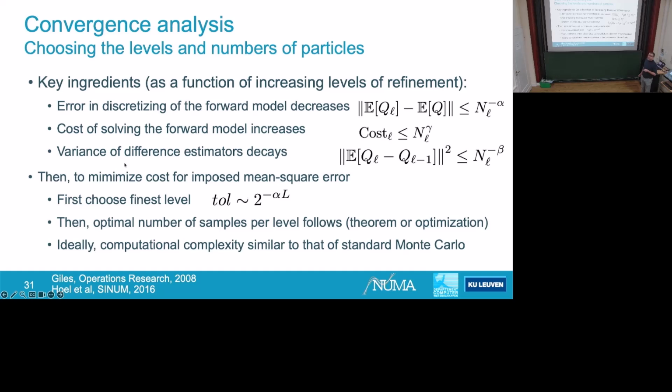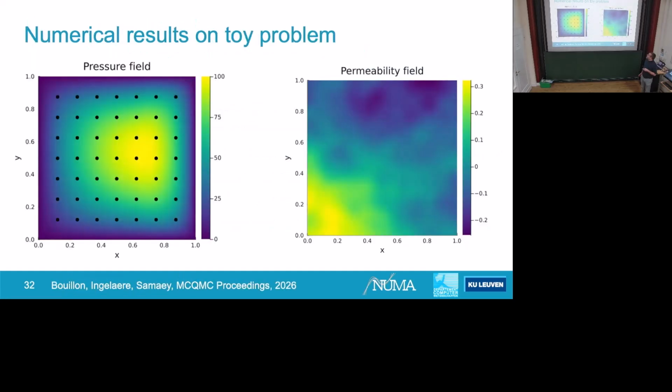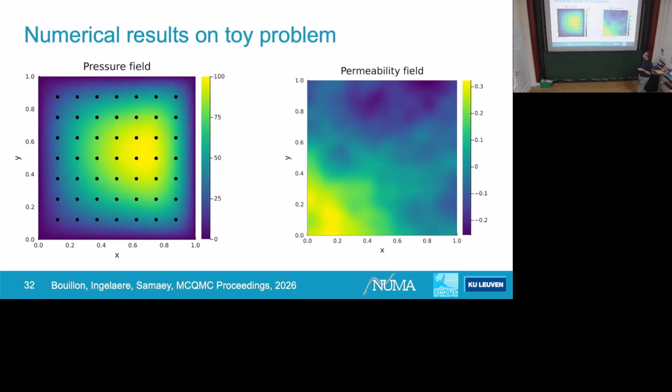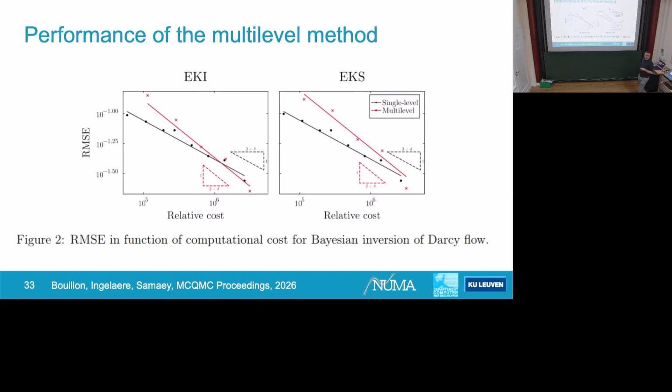We can do some convergence analysis. I don't have time for this. And I can show a toy example, which in this case is a Darcy flow with fixed data. And what you see is that for ensemble Kalman inversion and for ensemble Kalman sampling, this is accuracy, root mean square error, as a function of cost.